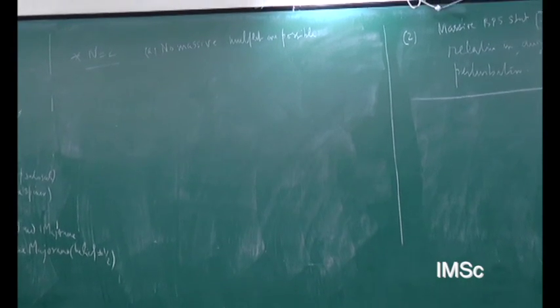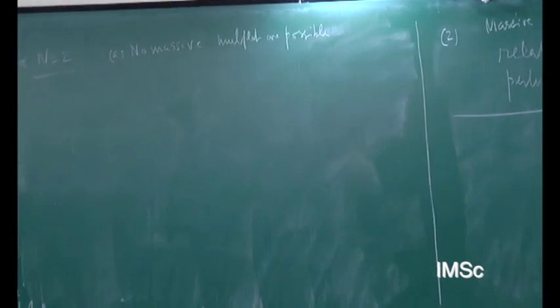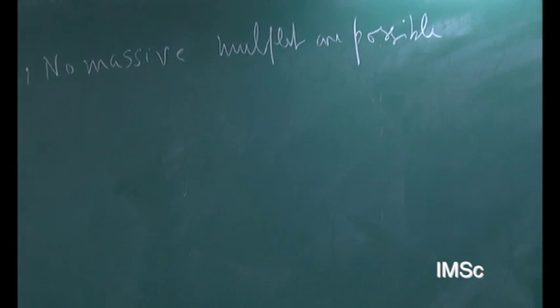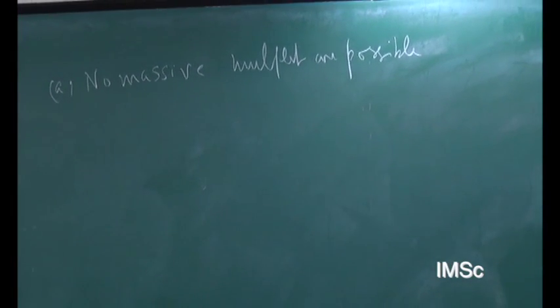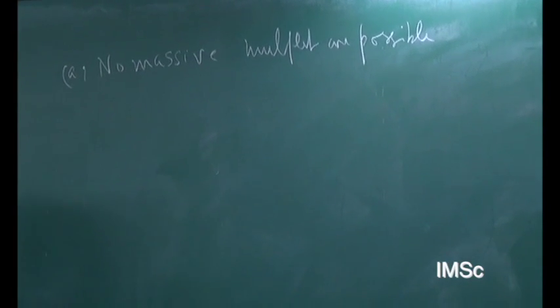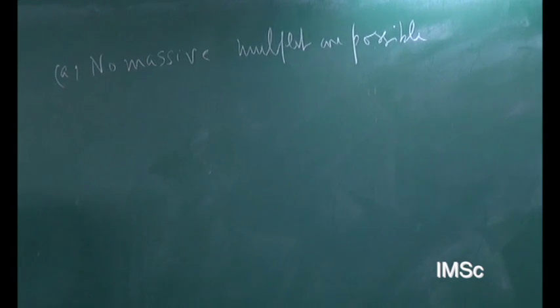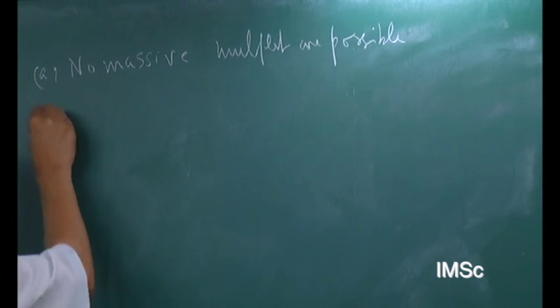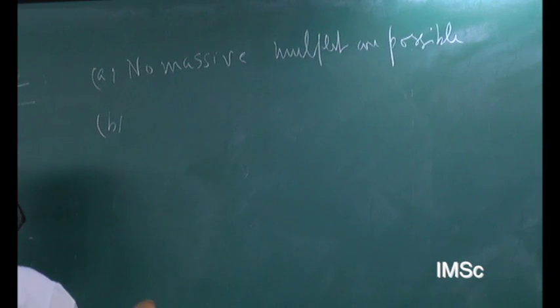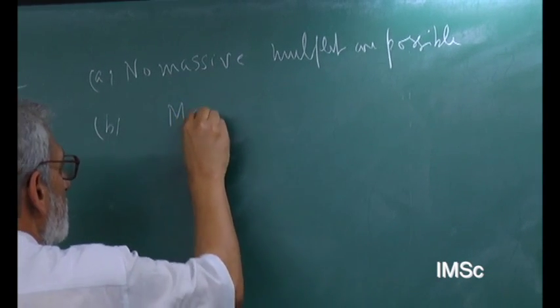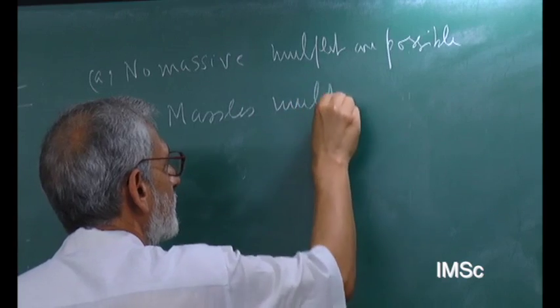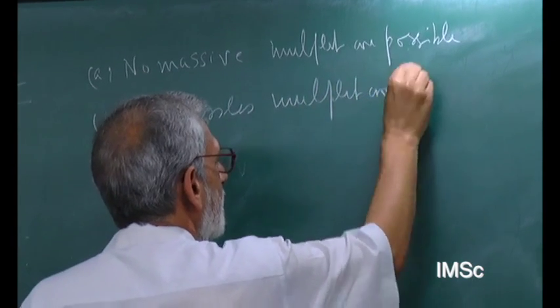If I don't want a normalizable theory, I can do it. But massless multiplets are possible.